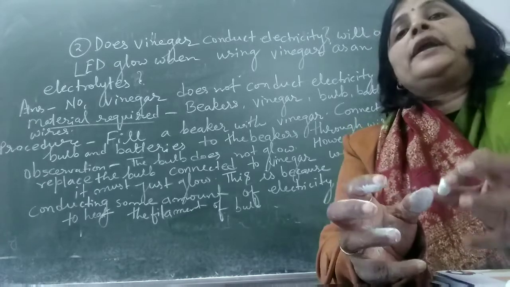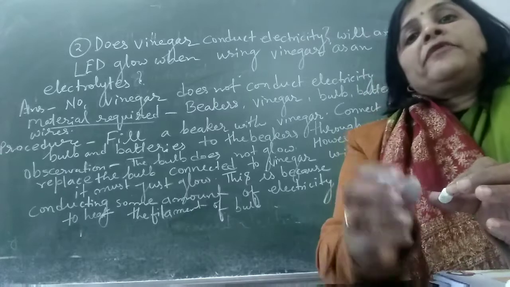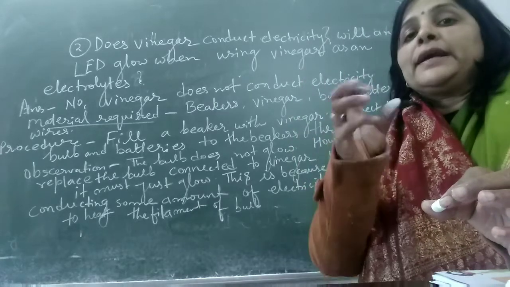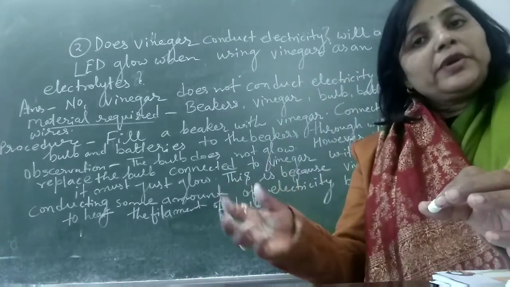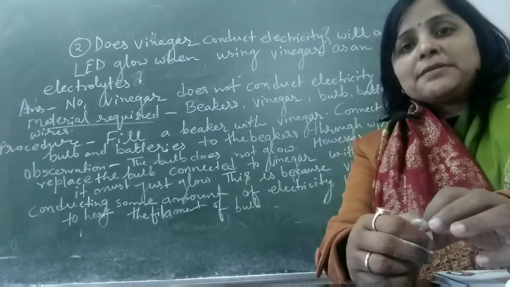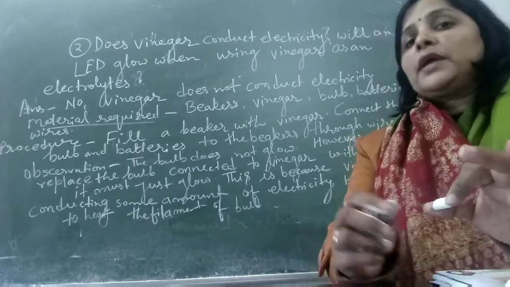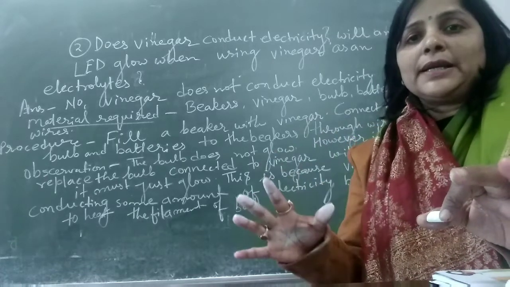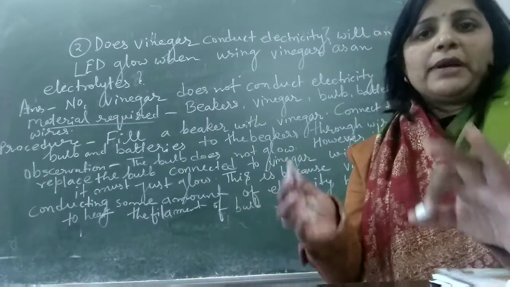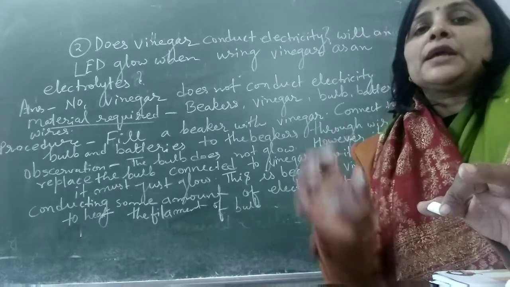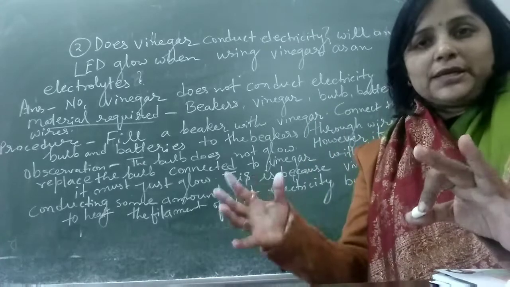Since the bulb requires a large amount of heat, first the filament is heated by the current, then the bulb glows. But in the case of an LED, less electricity and little heat is required. Therefore, if we replace the bulb with an LED, then the LED glows but the bulb does not, because vinegar is not a very good conductor of electricity.